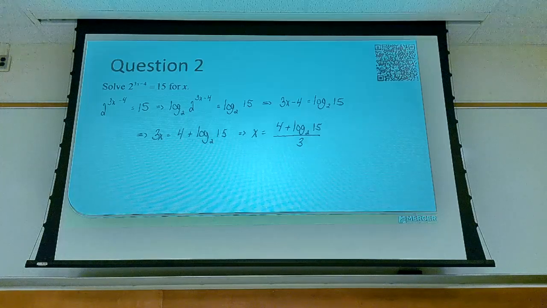Or we could use our properties to try and write this as a single logarithm. Like doing the combination thing. Here's a division one. Let's actually do this in a different color, just to signify all this is optional.